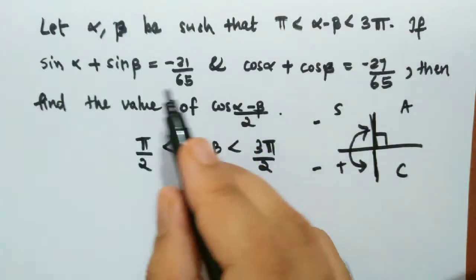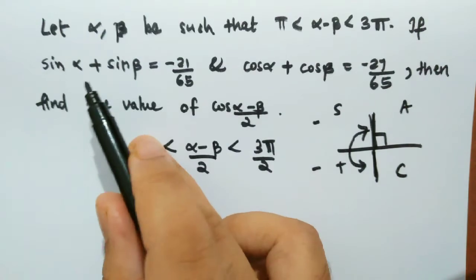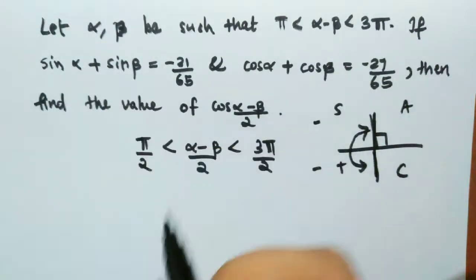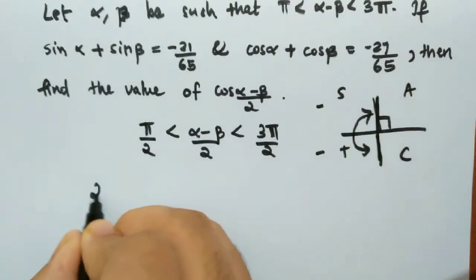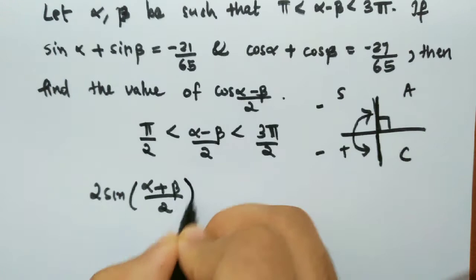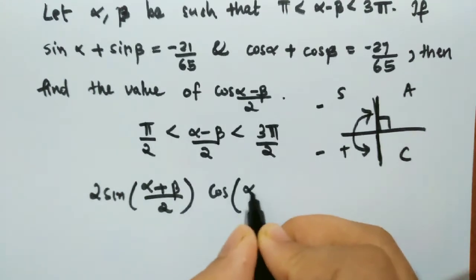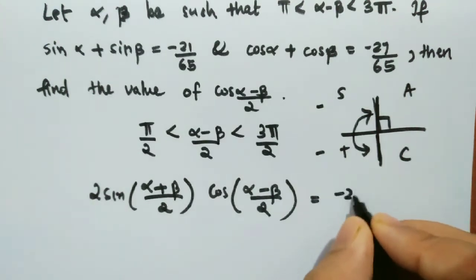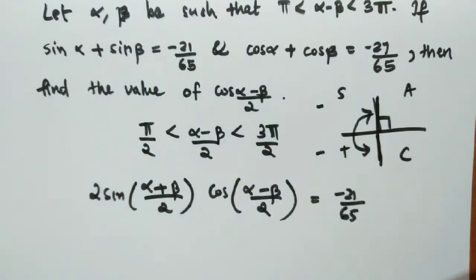Now for solving, we have to use the formulas for reducing this. Sin alpha + sin beta is what? 2 sin((x+y)/2) cos((x−y)/2), that is −21/65.